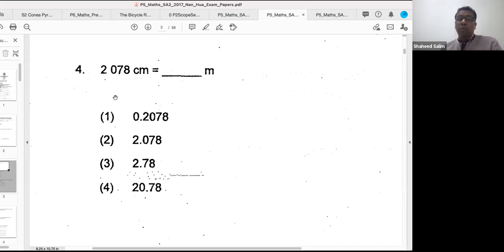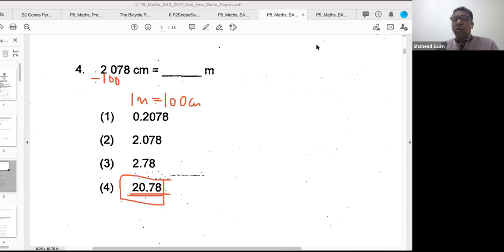Those of you who say number 2, you think 1 meter is 1000 cm. Hello, 1 meter is 100 cm. So you need to divide by 100. Don't divide by 1000, that is kilometer. So you get number 4. You shift 1, shift 2, put a dot here. 20.28. Please, all this you got to know. This is got to be considered easy for you.